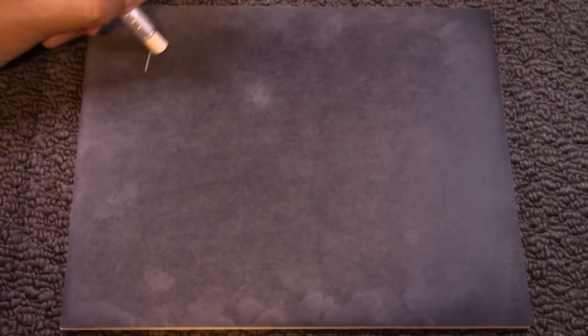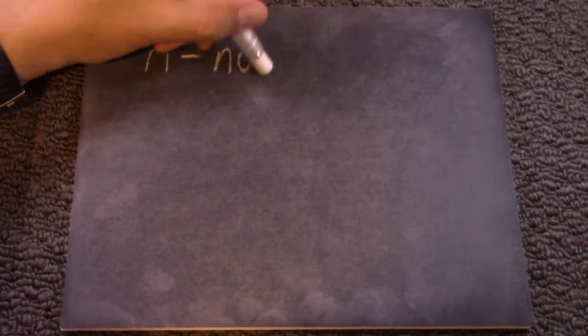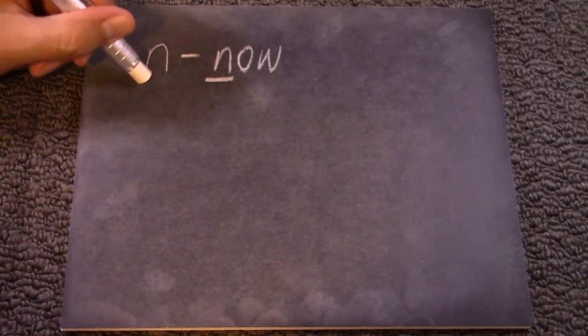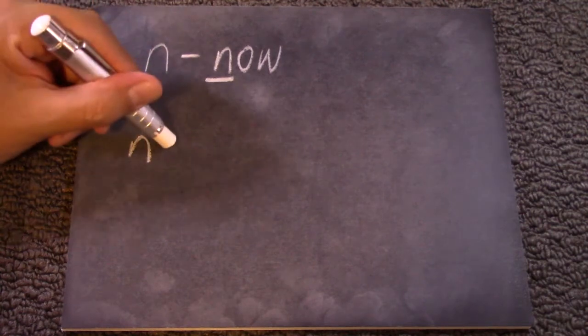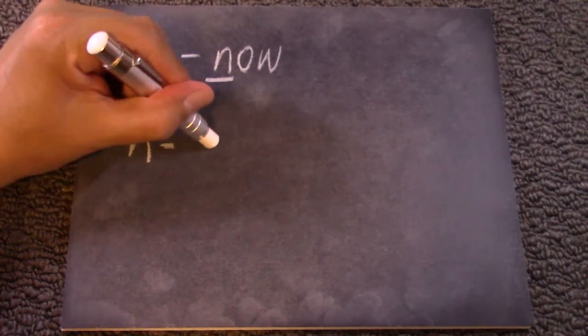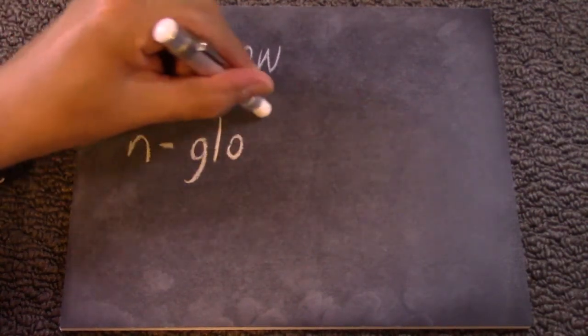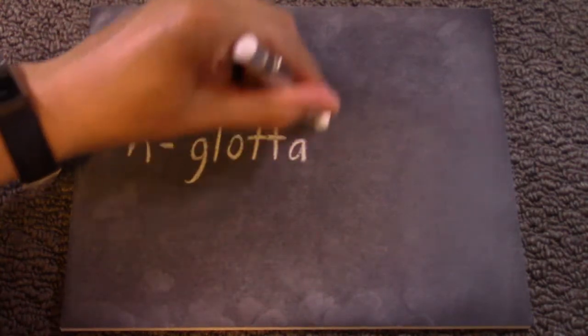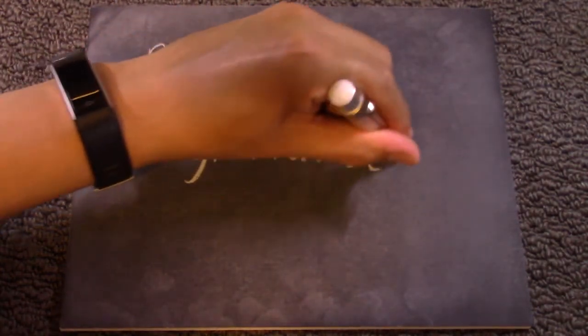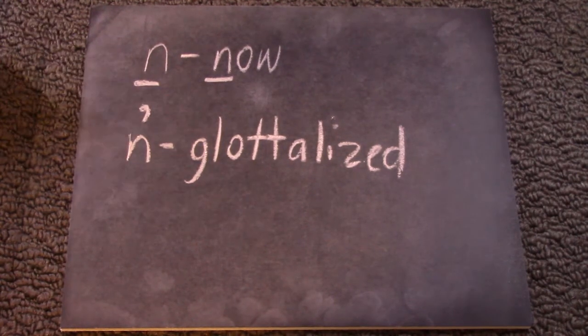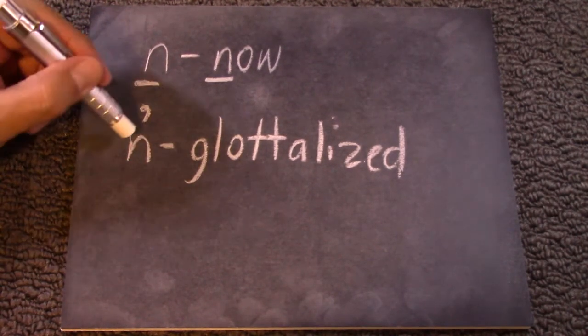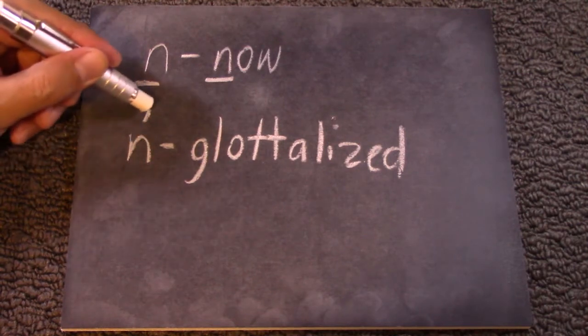Next we have the letter N, as in the English word now. And we also have an N with an apostrophe sitting on top of it, so this is a glottalized N. Again, there's no English equivalent that I can think of.